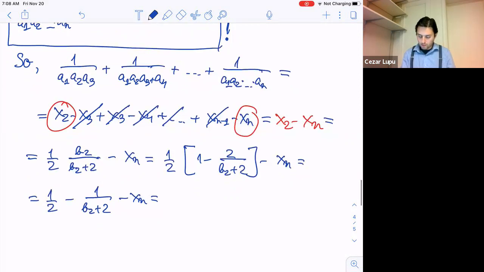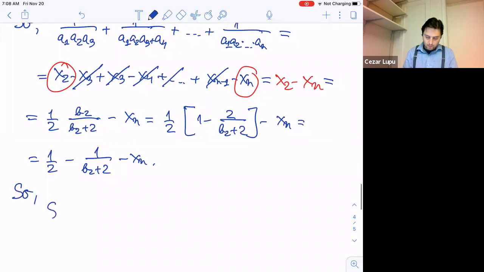So let's write it in this way. Let me write it with the sum, right?